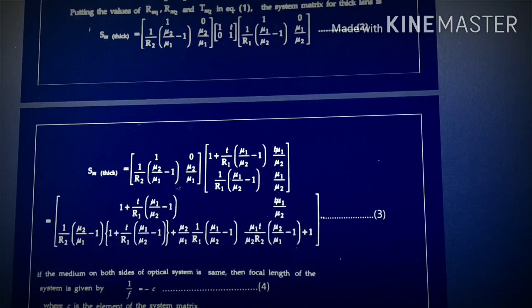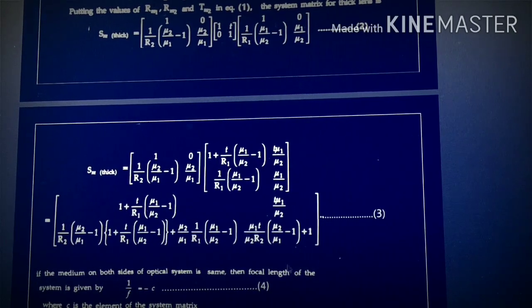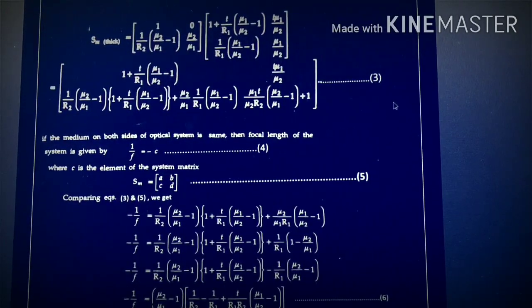Then the next one is second row second column: 1 by r2 into mu2 by mu1 minus 1 into t into mu1 by mu2 plus mu2 by mu1 into mu1 by mu2. These cancel, so the value is 1. This is equation number 3.